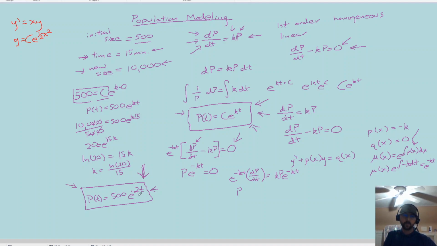So we'll take this, and the 500 was given in the problem. The k was found by the other conditions, but what we can do is graph with both. What did we call this earlier?